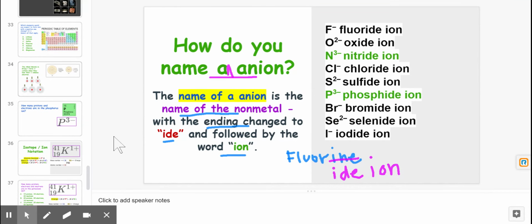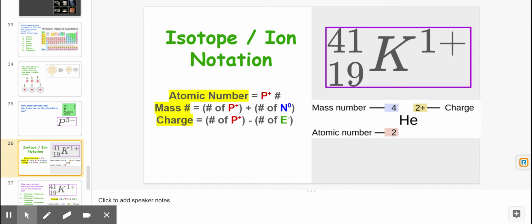Remember, we need to keep track of our isotope ion notation. We've looked at ion notation, but now let's just make sure we can add an ion. The charge is always in the top right superscript position. So now you might have all three items listed.